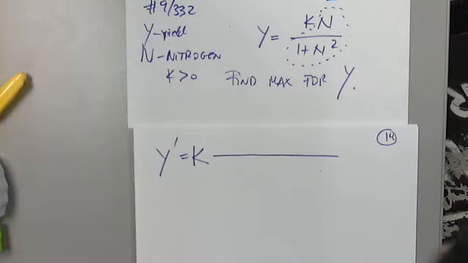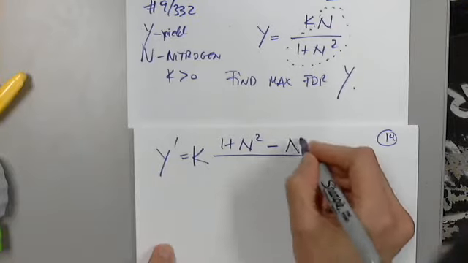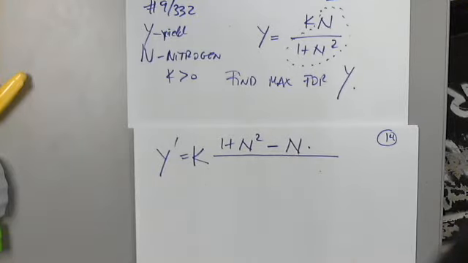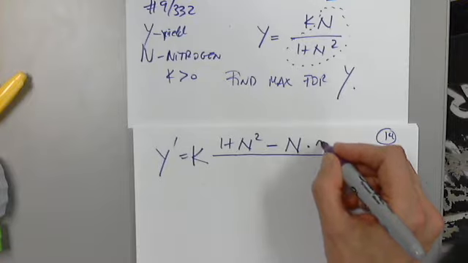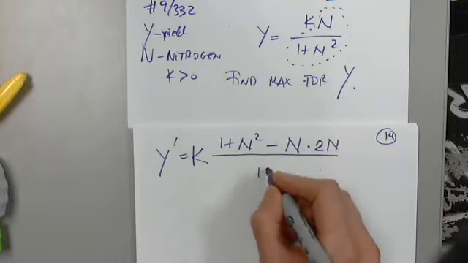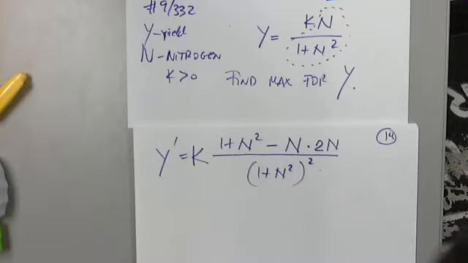It has a constant that will stay outside. The top prime is 1. 1 plus N squared minus the top times the denominator prime. Very good. Over 1 plus N squared squared. Very good.